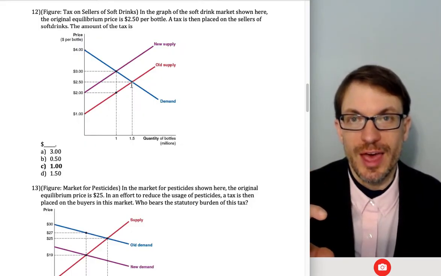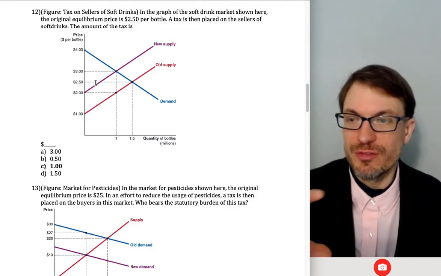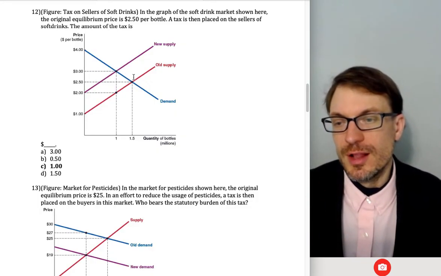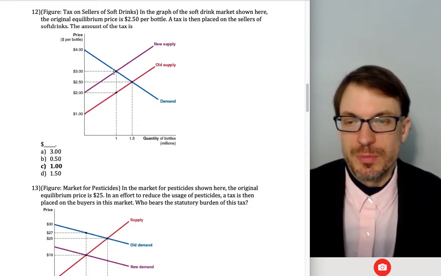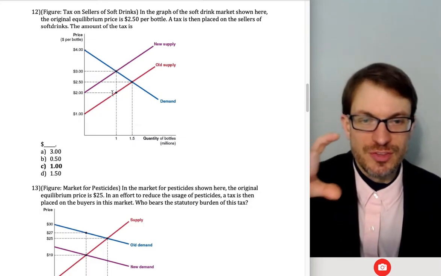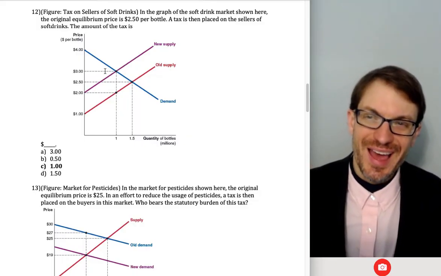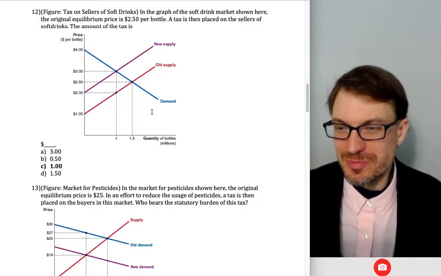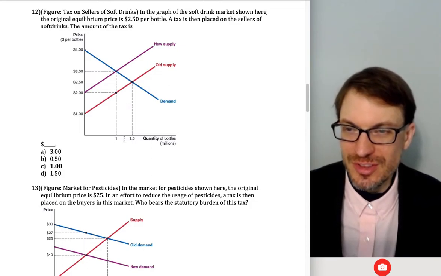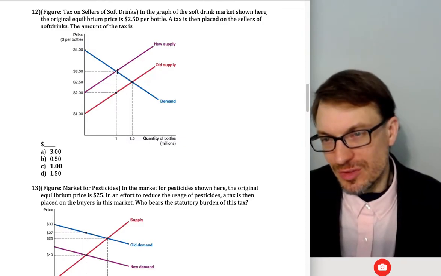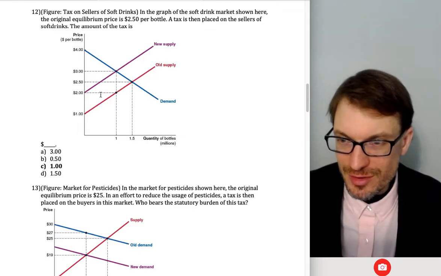And a good way to find that is just to go out and find where the supply curve and the demand curve are the size of the tax away from each other. Now, I'm okay with this question in this particular context because this is zeroing us in on this quantity of 1 and calling our attention to $3 and $2.